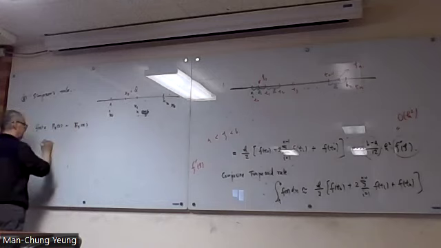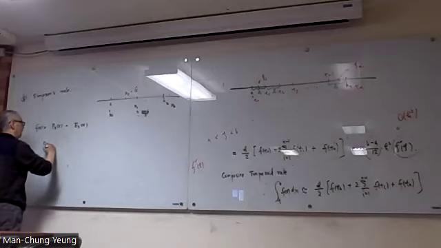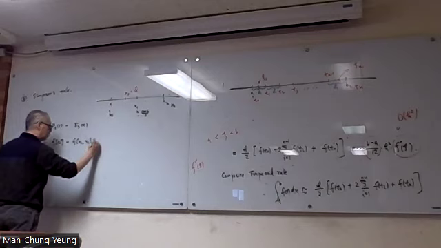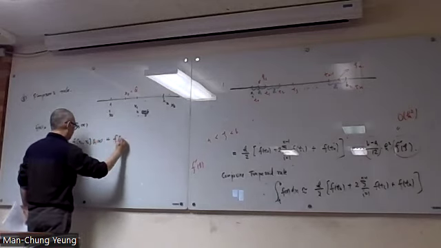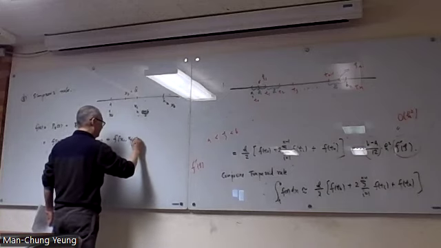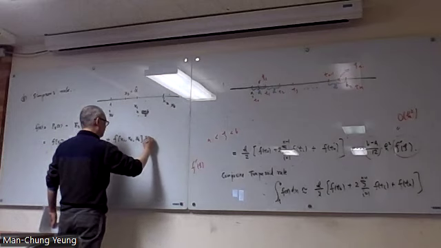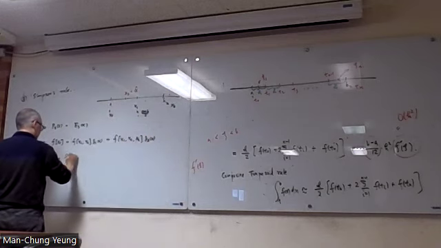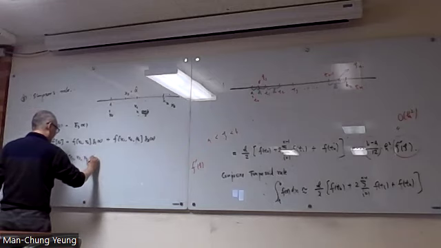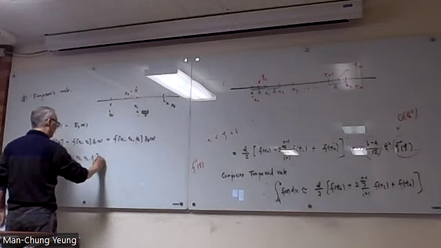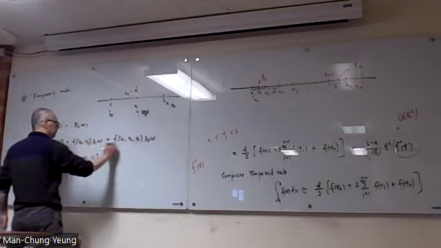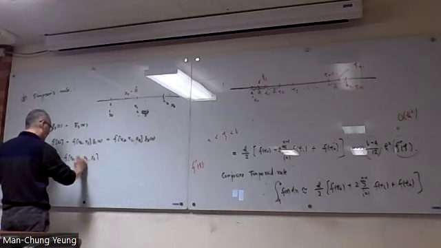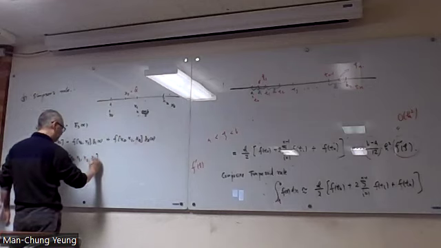Then the polynomial is f of x0, f of x0, x1, q1, f of x0, x1, x2, q2, then plus f of x0, x1, x2, x3, q3.